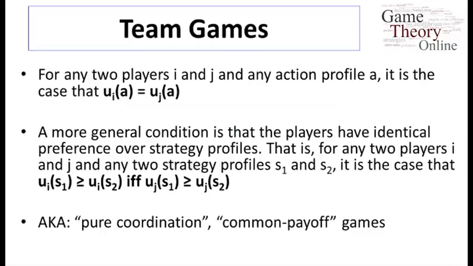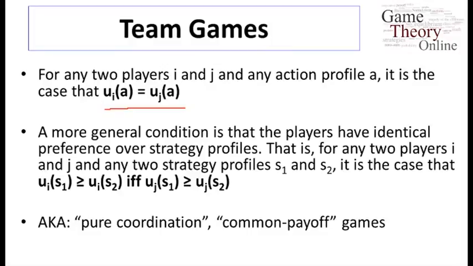From the formal point of view, the games are defined as follows. The most straightforward way to define it is to say that for any possible action profile, that is, every cell in the game, each of the players gets the same payoff, which is what we saw in the previous example.